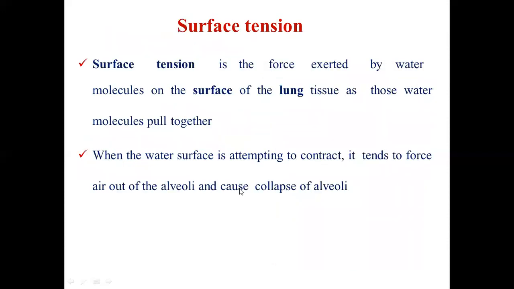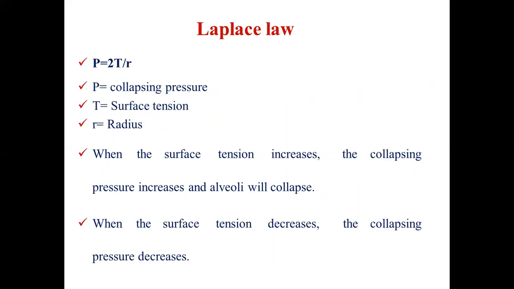So it is the force exerted by water molecules on the surface of the lung tissue, as those water molecules are always pulling together. When the water surface attempts to contract, it tends to force the air out of the alveoli. Whatever air is present in the alveoli will be forced out, and that will cause the collapse of alveoli. So it is a very important factor which affects lung distensibility.